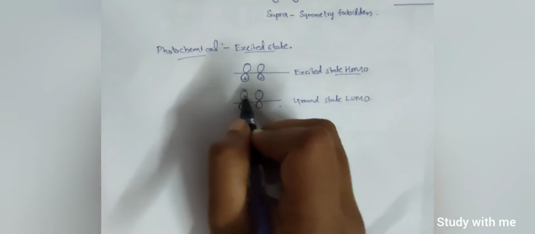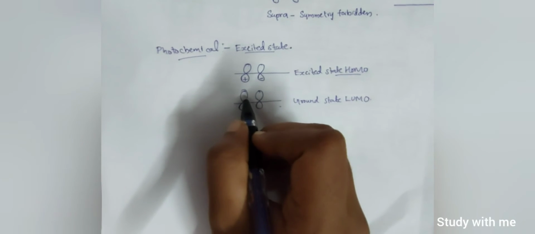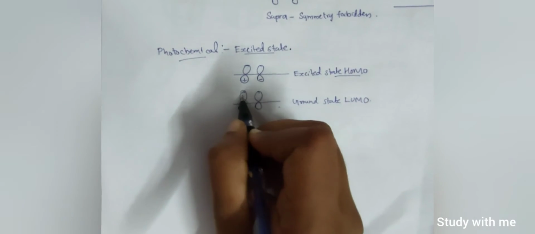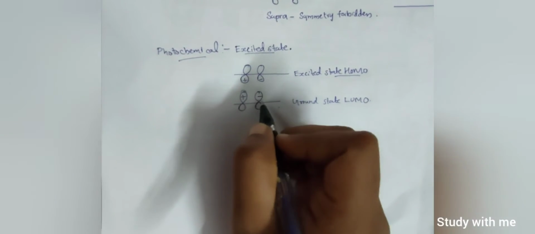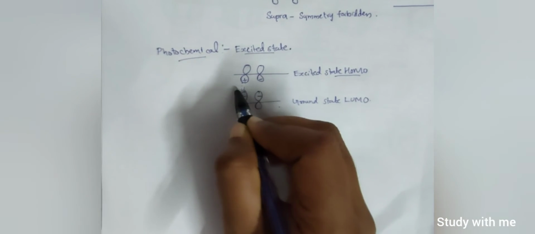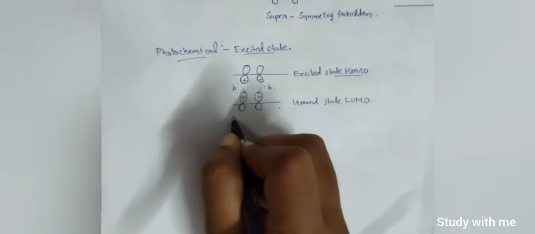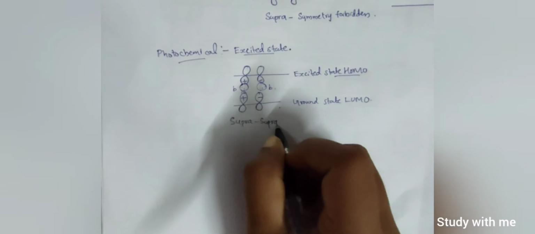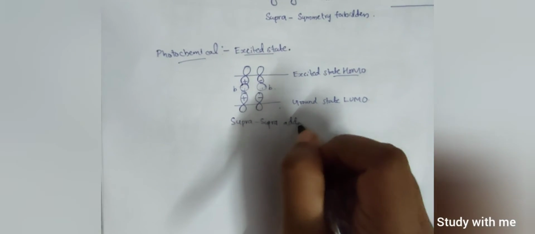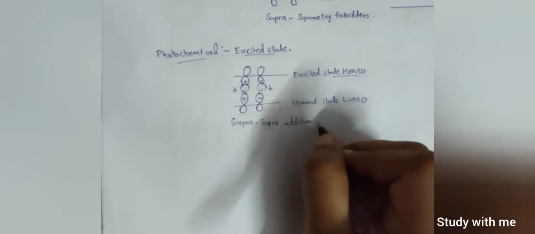The ground state LUMO is the same as the excited state HOMO, isn't it? We know that. So this will be like this, and here we can form a bond, and here also we can form a bond in the suprafacial. So in photochemical condition, this is one supra and this is another supra. So the supra addition is symmetry allowed.